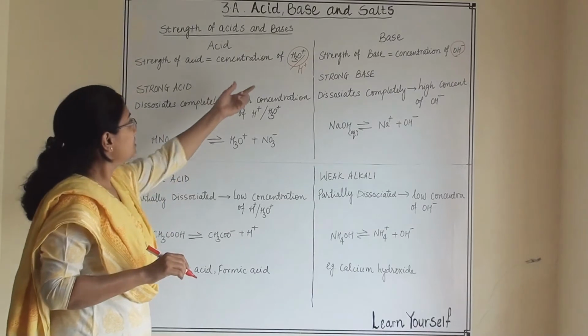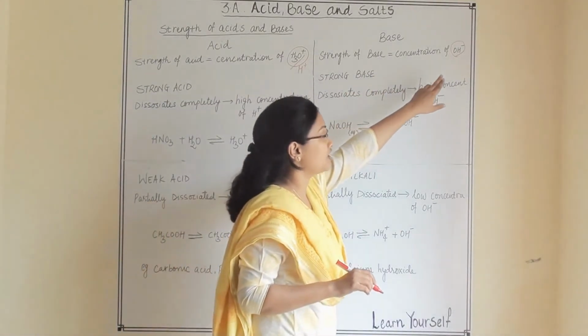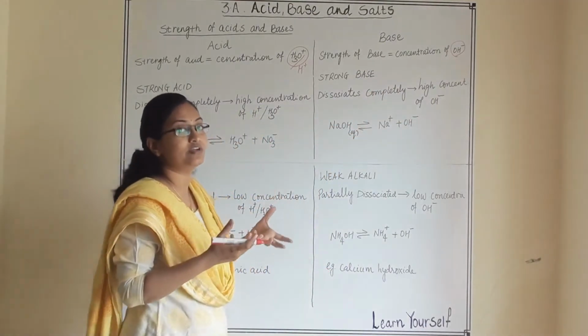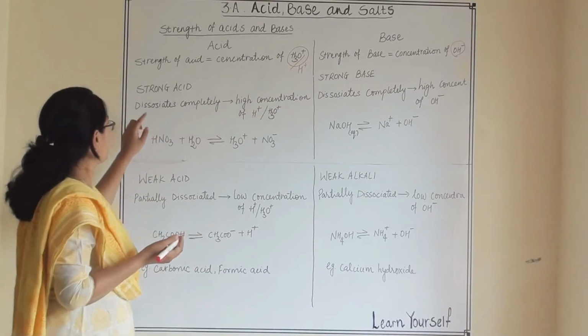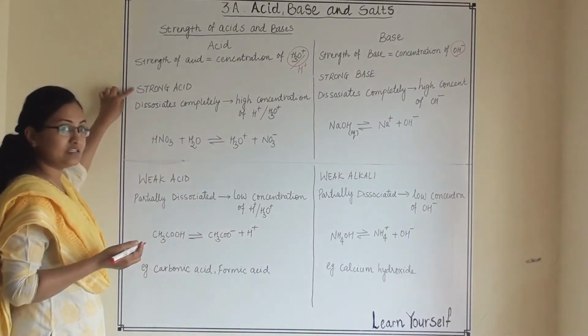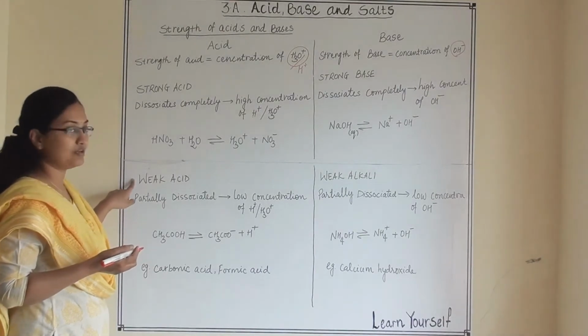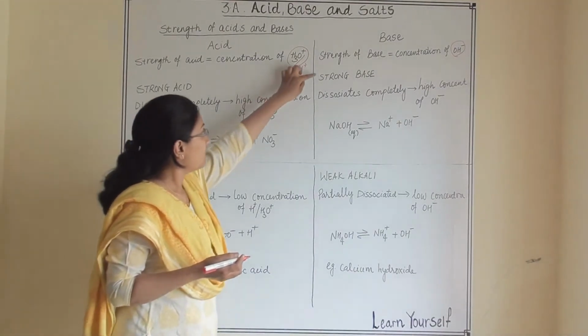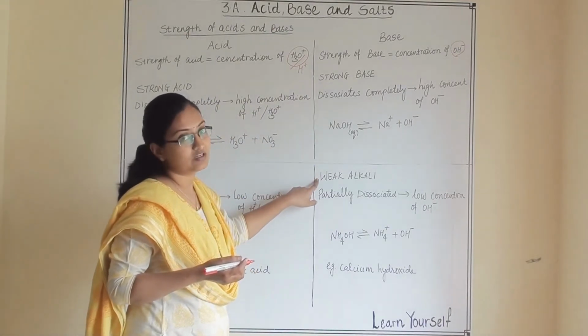So how will this concentration of hydronium ion or hydroxyl ion be generated in an aqueous medium? There are two criteria. Either it can be a strong acid or a weak acid. Either it can be a strong base or a weak alkali.